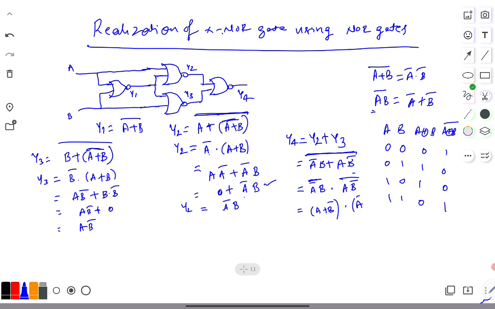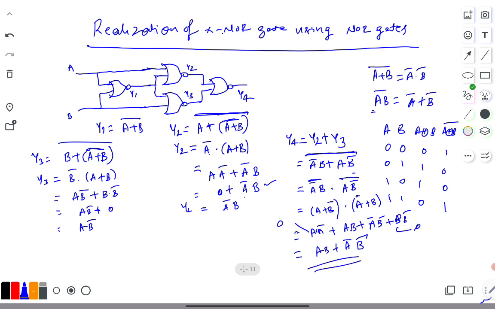A bar plus B, A bar plus B. Now apply A into A bar plus A B plus A bar B bar plus B bar, which is equal to A B plus A bar B bar, because A bar and A bar is equal to 0.